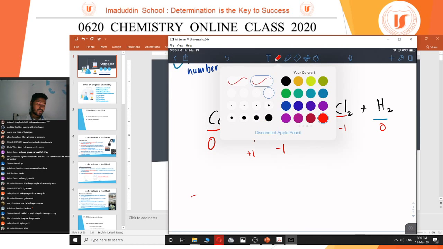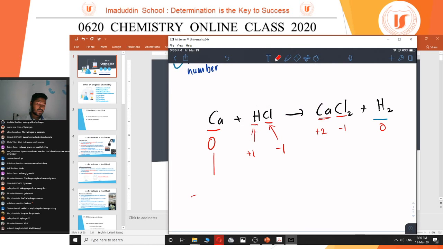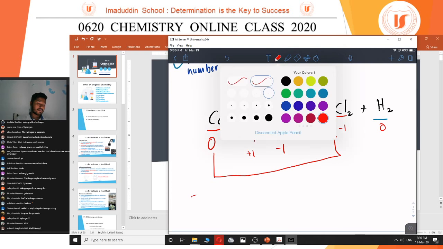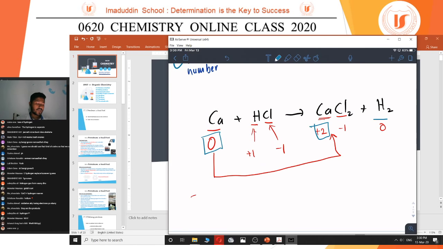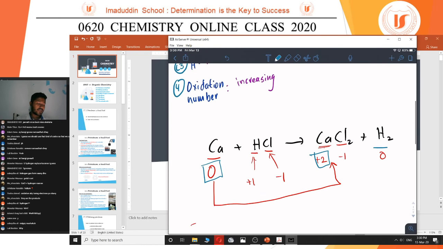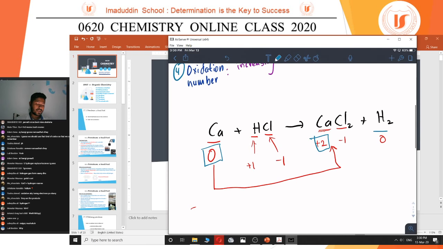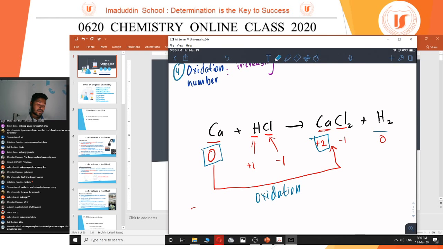Now, from calcium element to calcium chloride compound, the oxidation number is increasing from 0 to +2. If the oxidation number is increasing, that means it is oxidation, and that means calcium is oxidized. The element which is oxidized is calcium.